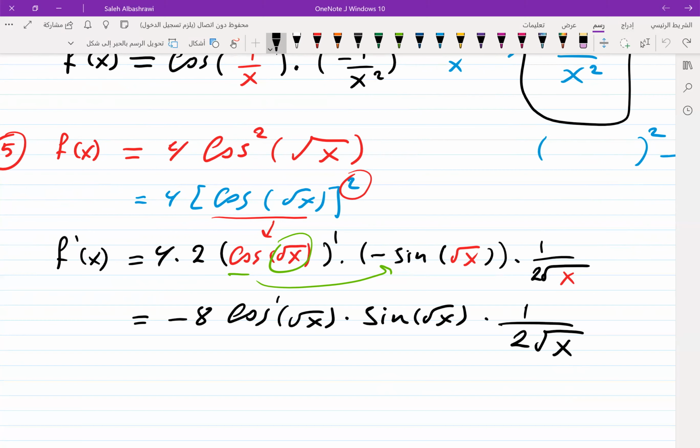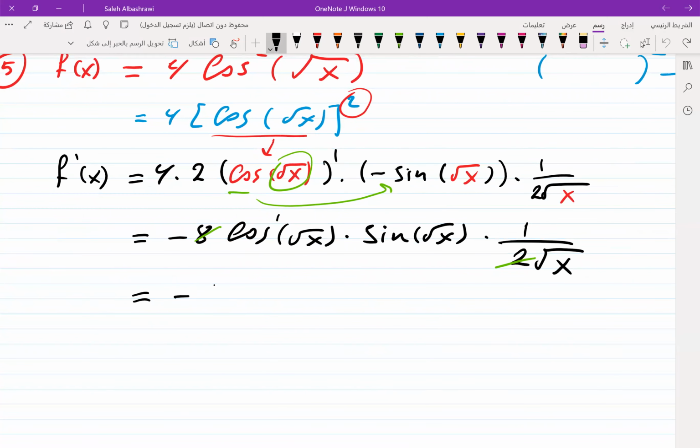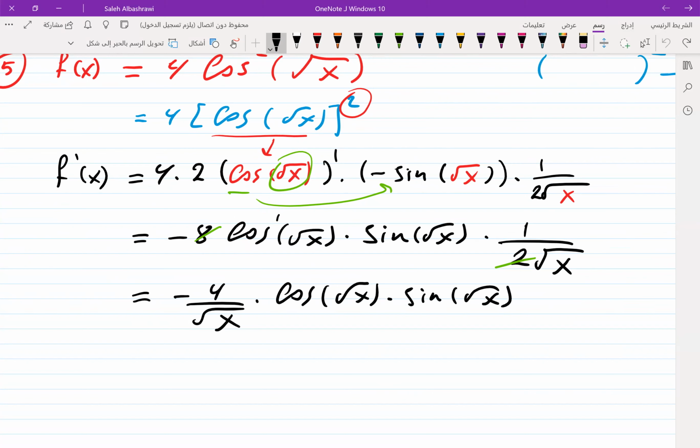Or just to simplify it more, I can cancel 2 with minus 8. So the derivative is equal to minus 4 over square root of x multiplied by cosine square root of x multiplied by sine square root of x.